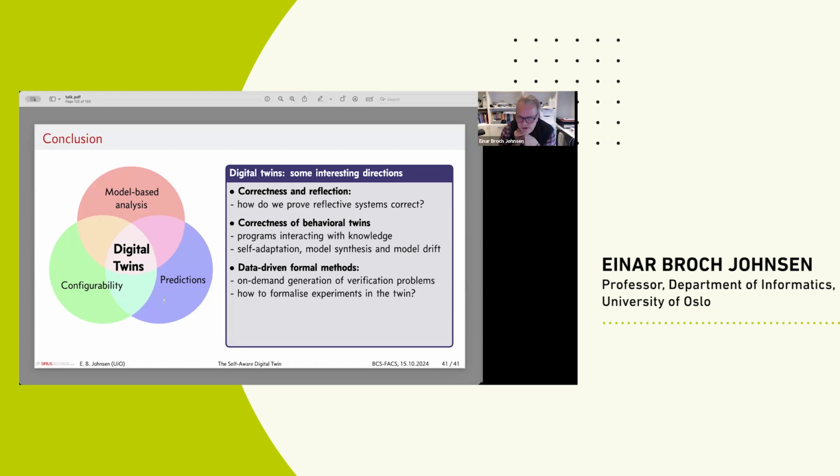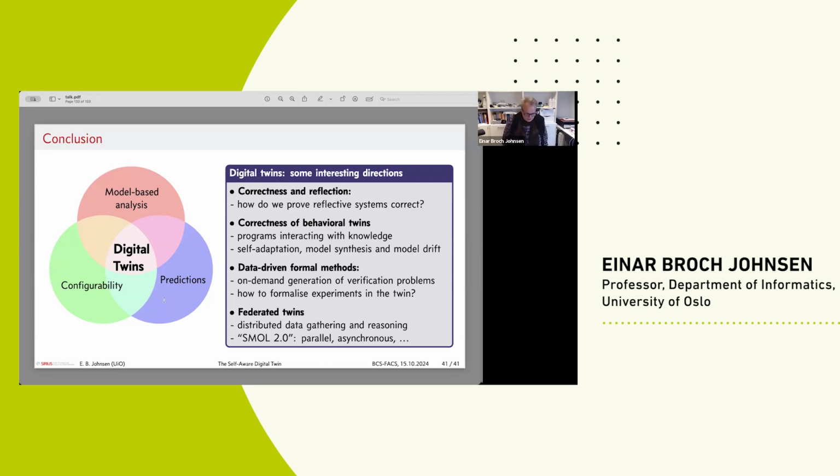I also am very interested, and I think it's a big topic, in data-driven formal methods. So how to generate verification problems on the fly from data. This is a typical thing we will see here, where we have sensor data coming in, we have domain knowledge, and we want to synthesize models, but we would also like to synthesize verification problems.